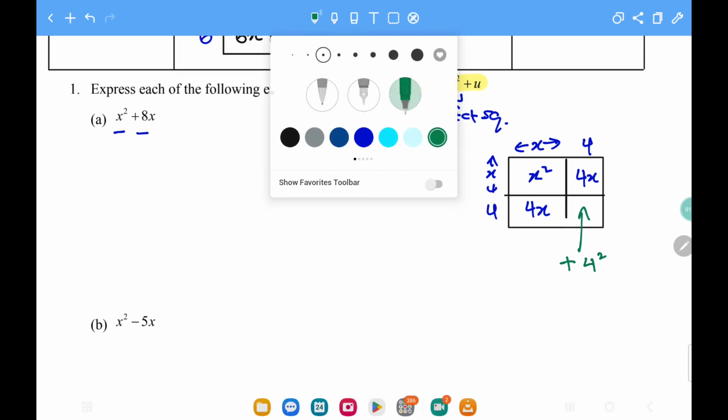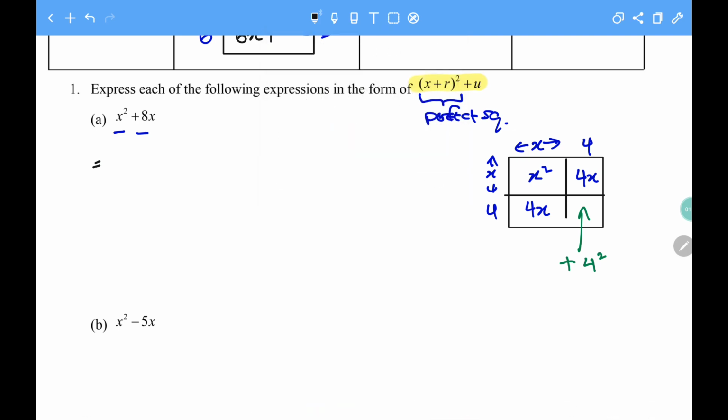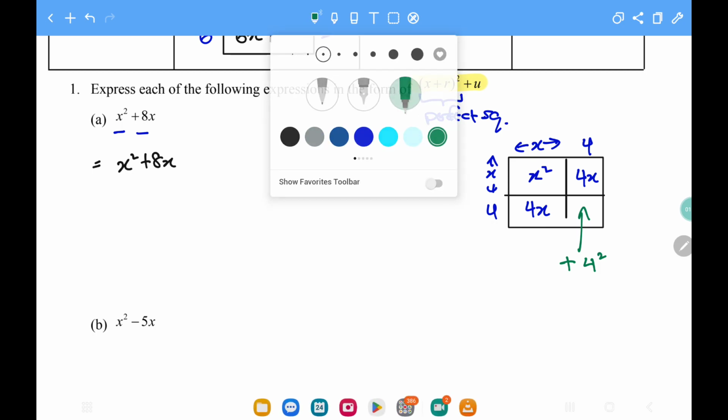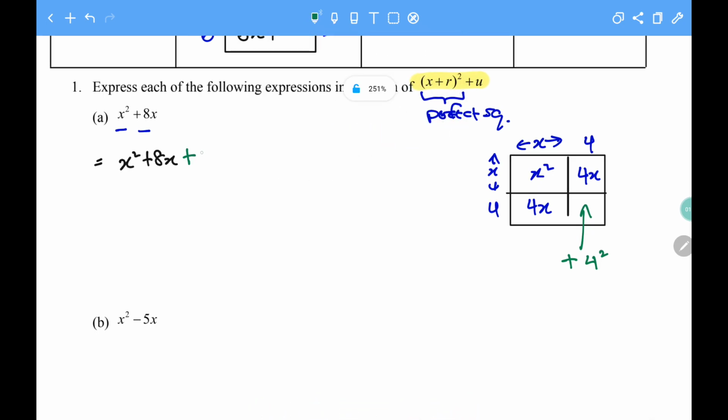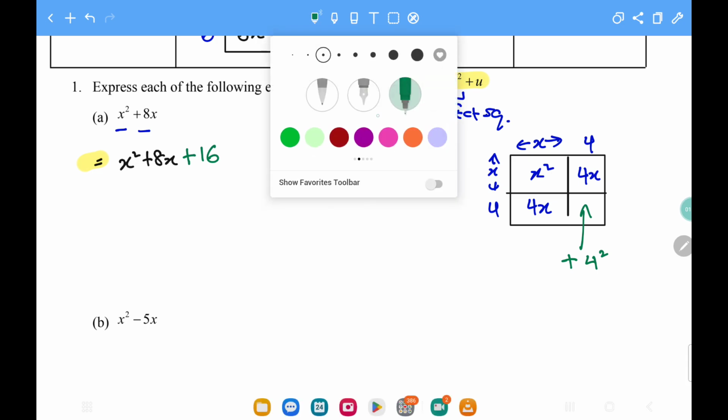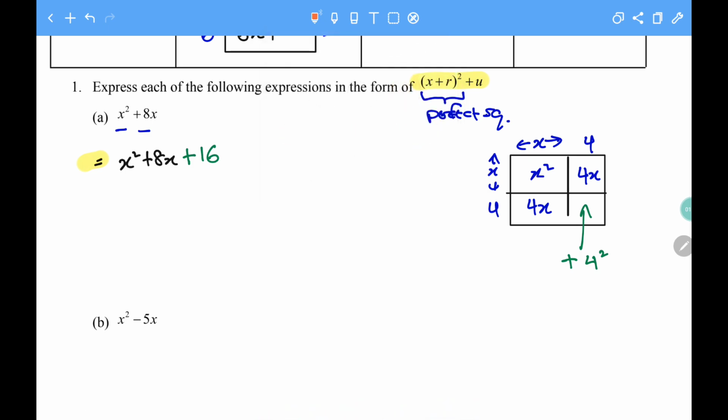Okay, so let's continue our working here. x squared plus 8x. For me to complete the square, I must plus 16. But there is a problem. I have just written the equal sign, and currently line 1 and line 2 are not equal because I plus 16. 16 is needed to form the perfect square.